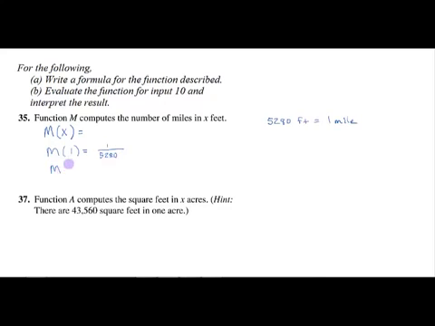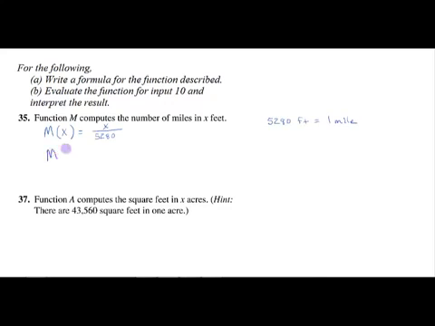If I had 2 feet, that would be 2 over 5,280. Of course, you simplify and so on. So my formula looks to be x over 5,280.